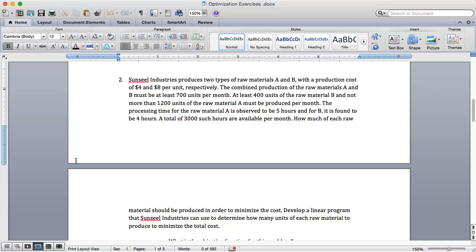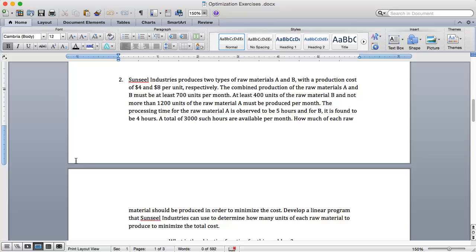In this production run, the number of units of A plus the number of units of B must be a minimum of 700 units. For making material B, we have to have a minimum of 400 units, and we may not make more than 1,200 units of raw material A.